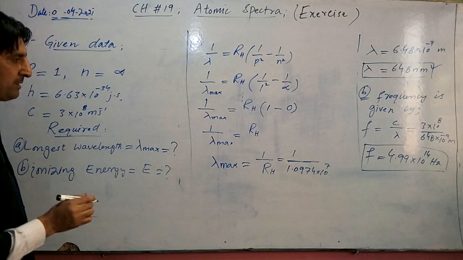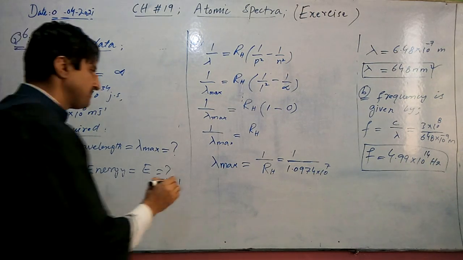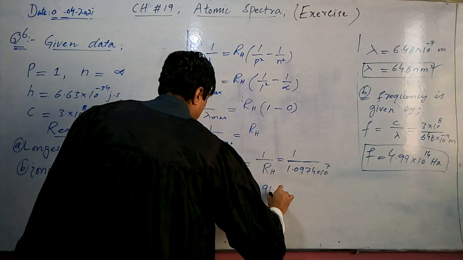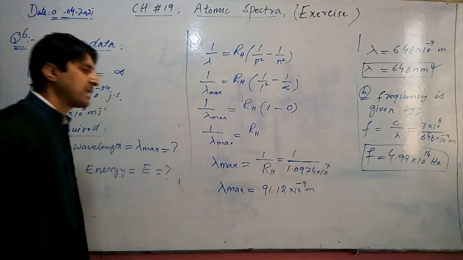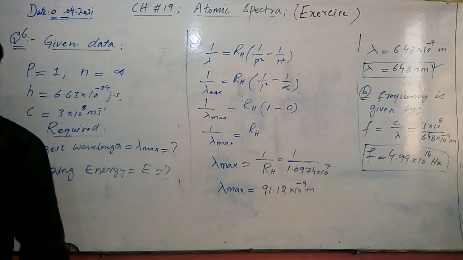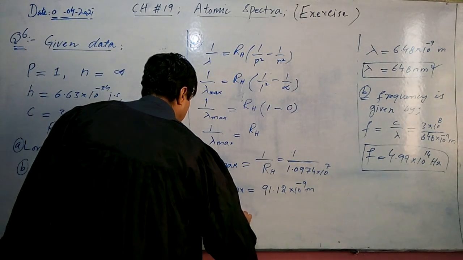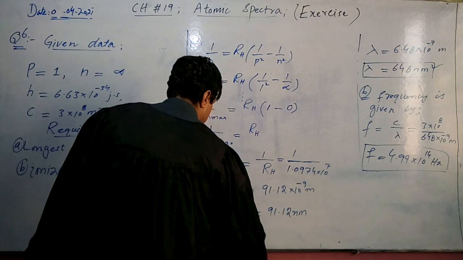So lambda maximum is equal to 1 divided by 1.0974 multiplied by 10 power 7, which is equal to 91.12 multiplied by 10 power minus 9 meter. Instead of 10 power minus 9, we can put the prefix nano. So the maximum wavelength is equal to 91.12 nanometer.